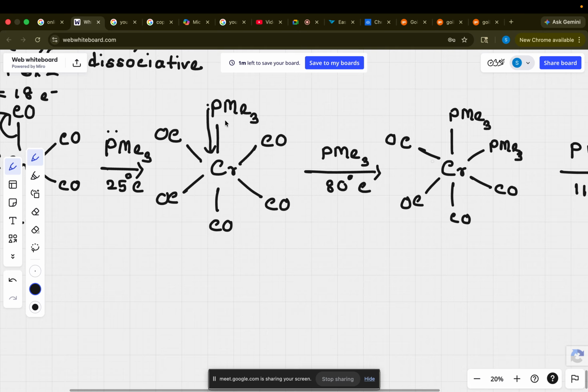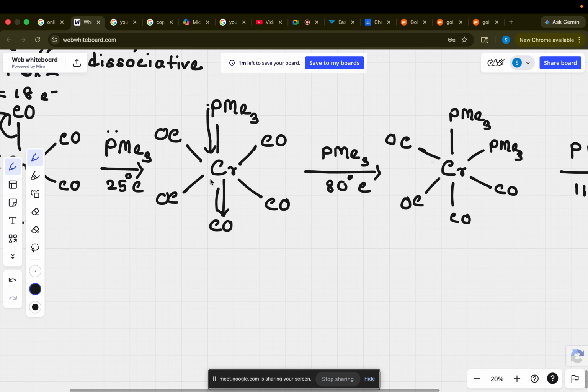Basically the electron density on your metal center is increasing if you use this PMe3 ligand. If the electron density increases, chromium will back donate the electron density to the carbonyl, to the vacant pi star orbital of carbonyl. Try to understand. PMe3 is donating the lone pair electrons, so electron density on the metal center is increasing.